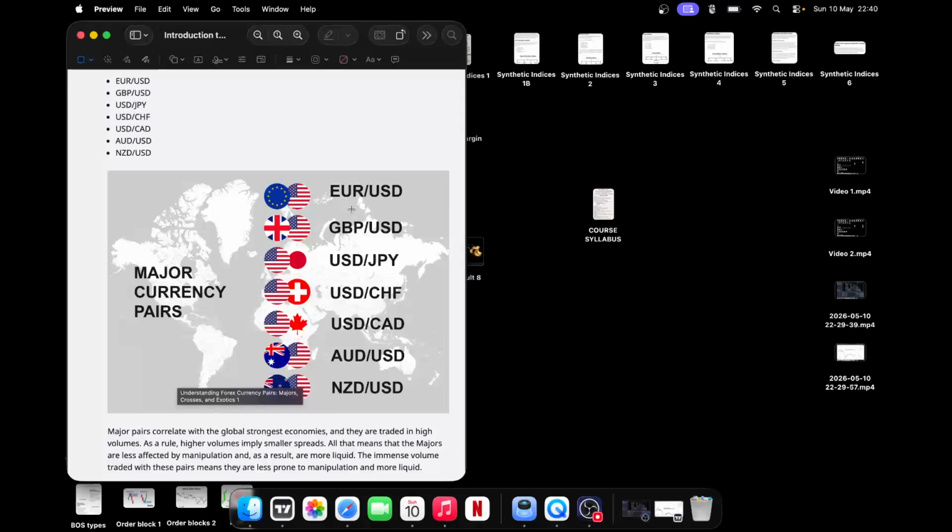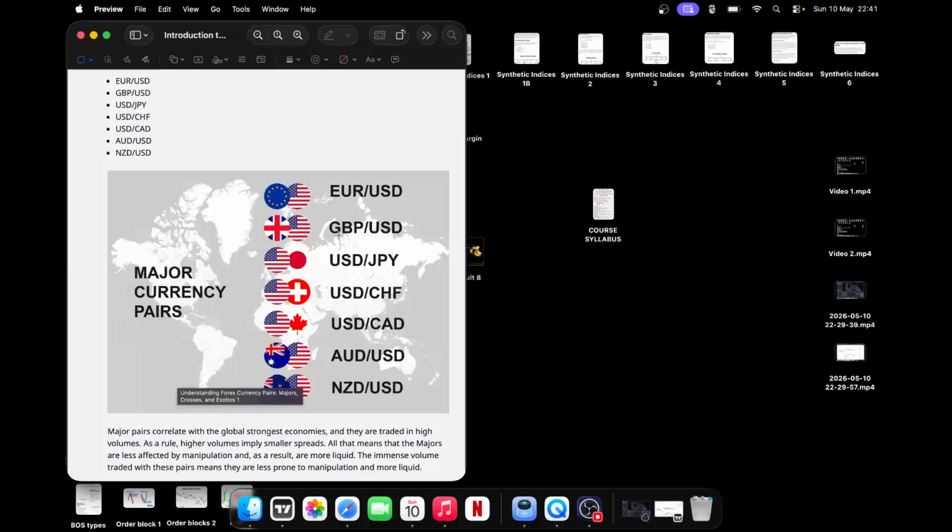When they say quotes, what does it mean? It means that I quoted Euro with USD. So which one is the base currency and which one is the quote currency? This USD is the quote currency, while Euro is the base currency. So what it means is that what?